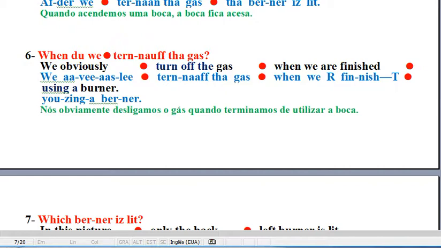Question. When do we turn off the gas? We obviously turn off the gas when we are finished using a burner.